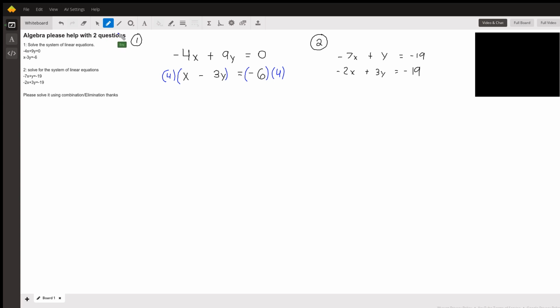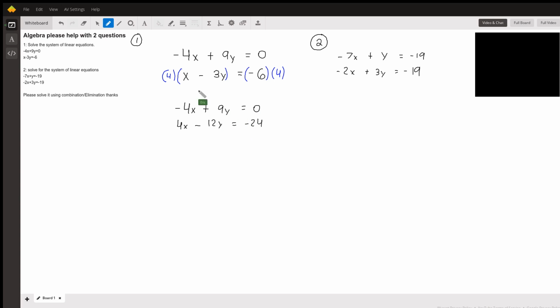So now we have canceled out the x's. Rewriting our top equation, we have negative 4x plus 9y equals 0, and then 4x minus 12y equals negative 24.